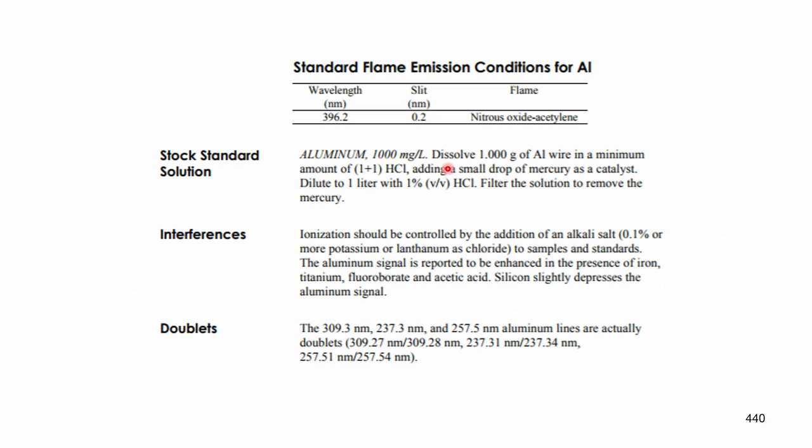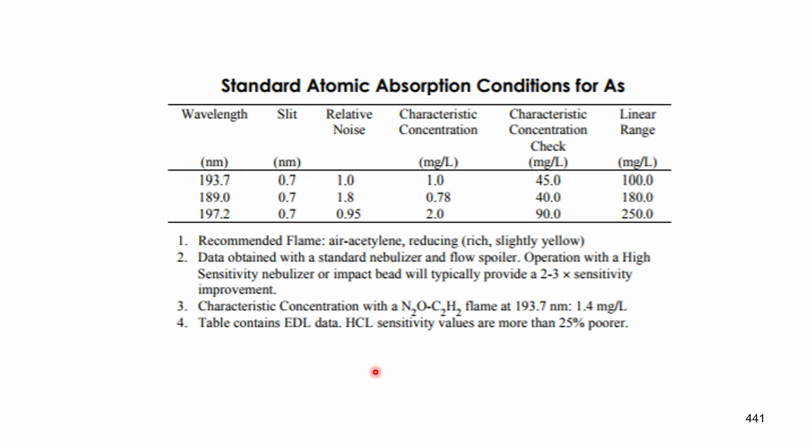They will tell you stock solution, interferences, etc. You can see that ionization is a big interferent in most of the nitrous oxide acetylene flames. Okay. They will also give you information about doublets, etc. for aluminum. Now, for arsenic.